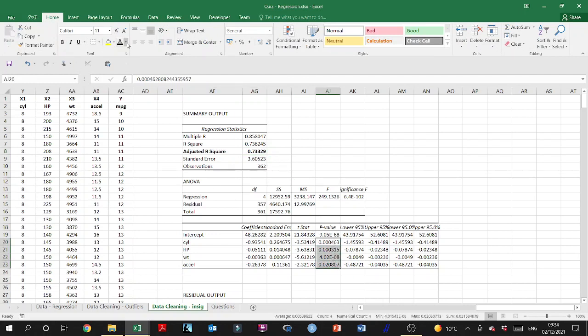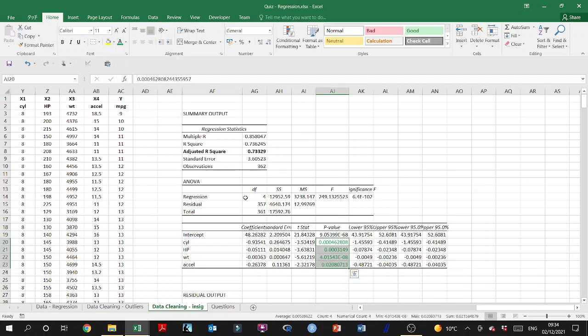All fine and all good. So all of them are green. Do you see that? Do you see this beauty? All of them are significant.